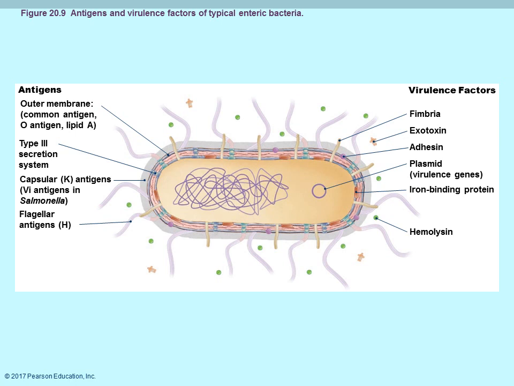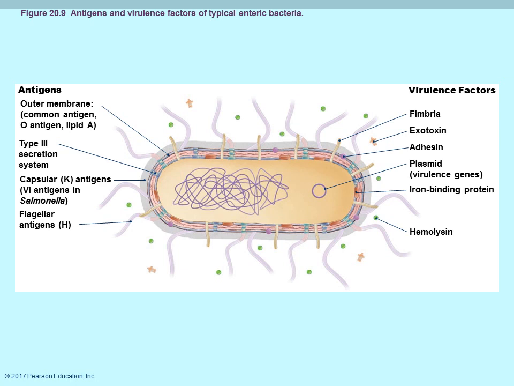Because they are gram-negative, they're all going to contain the lipid A in that outermost membrane. Some of them will contain additional antigens that will assist in the virulence for them. Some of them will have flagella that's going to help them move in their environment.